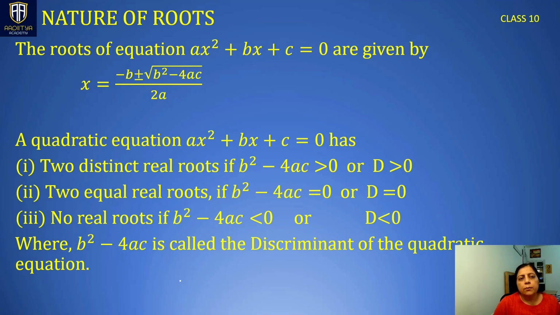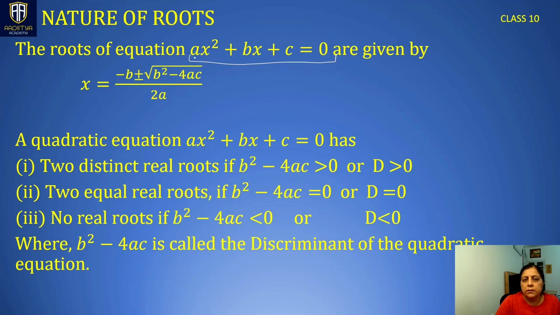The next topic is about the nature of roots. So the previous method was the prime middle term split method, or you can say factorization method. Factorization we have already studied in class 9 also. This is something new here in class 10. Nature of roots: if this is the quadratic equation, this is the standard form of a quadratic equation, a is the coefficient of x square, b is the coefficient of x, and c is a constant term.